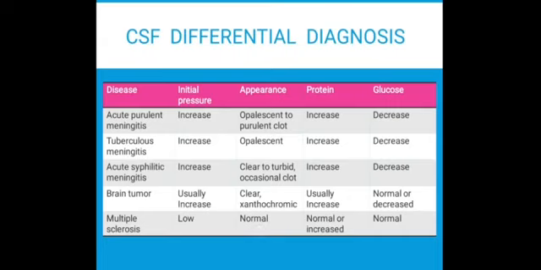Protein is increased in all infectious meningitis and tumor as an immunity response: the blood-brain barrier becomes more permeable and an increased amount of protein enters the subarachnoid space and appears in the CSF. Glucose is decreased in bacterial meningitis, TB, acute syphilitic, and tumor, except in multiple sclerosis, where it is normal.